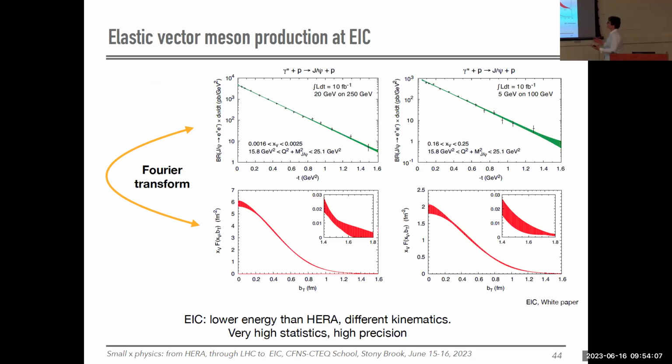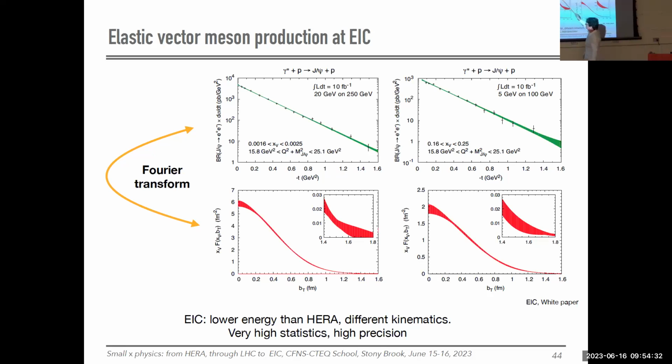Now, the EIC can certainly measure this process with a very high precision, and also to a higher T, because it has more statistics and better detectors. So it can measure this to higher T, which gives you more handle onto the shape of this function.